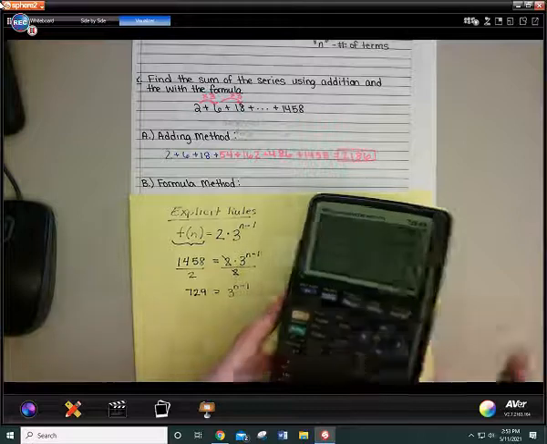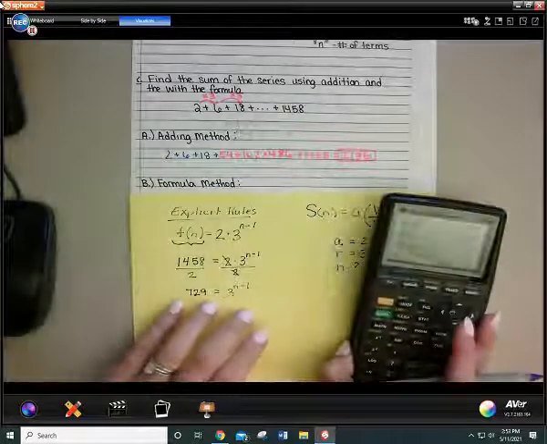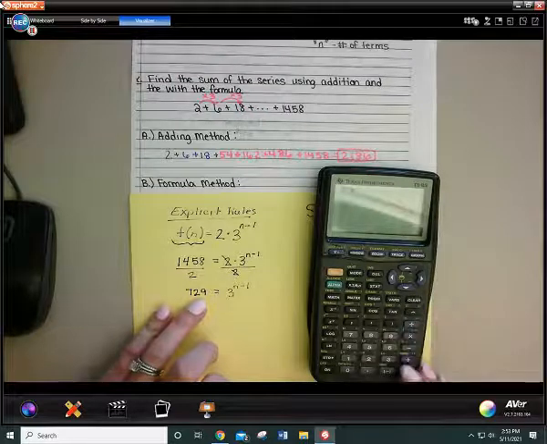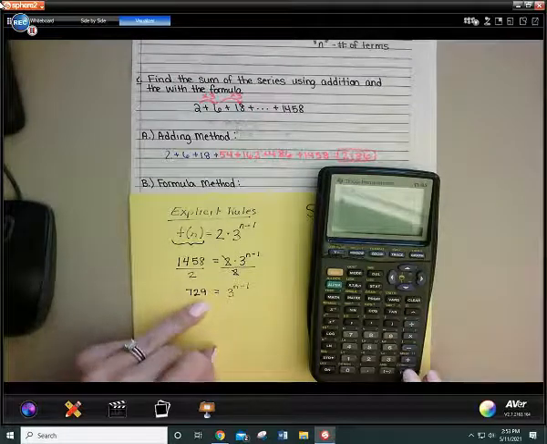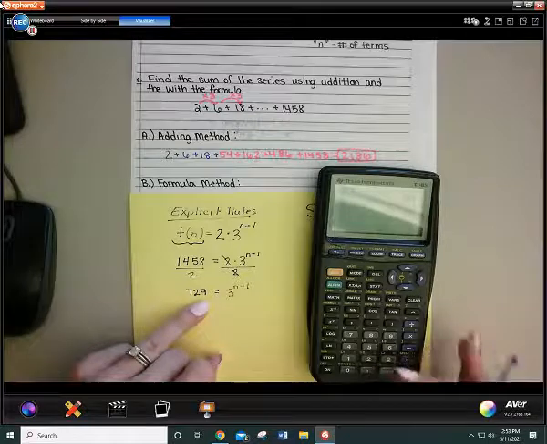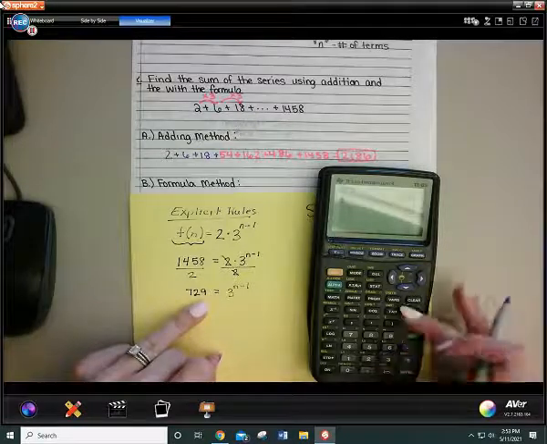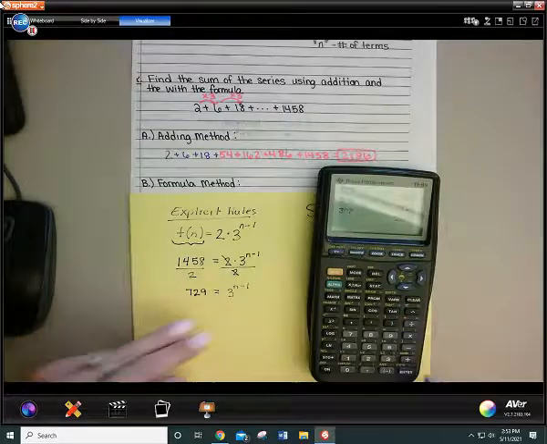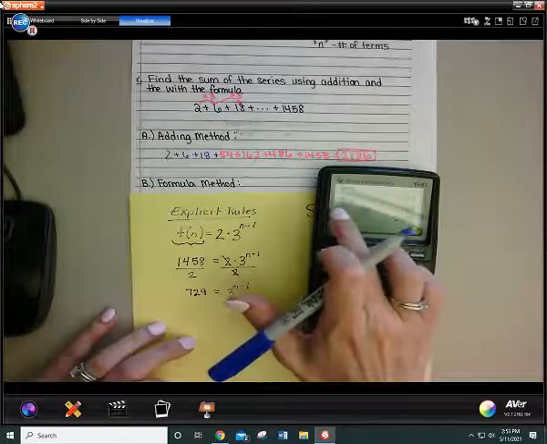That's not going to be it. So I could keep bumping it up, or I could see 3 to what power? Let's say 3 to the 5th and see if it's 729. No. Let's try 3 to the 6th. Oh, I'm sorry, 3 to the 6th is 729.